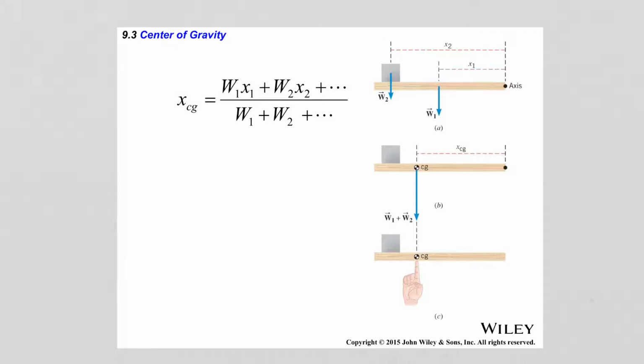So now I have two different gravitational forces acting in this system. Where exactly is the center of gravity of the system? It is calculated simply by taking the product of weight and lever arm, basically the torque of W1, add to that the torque of W2, and divide this by the sum of the weights of those two objects, the board and the mass placed on the board.